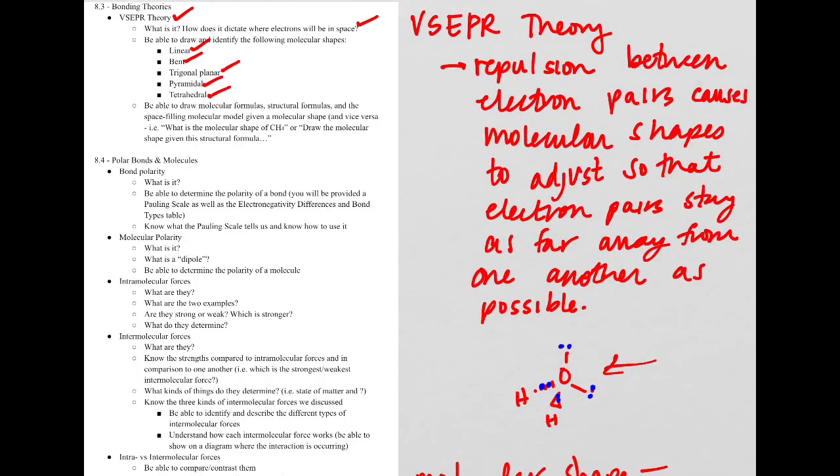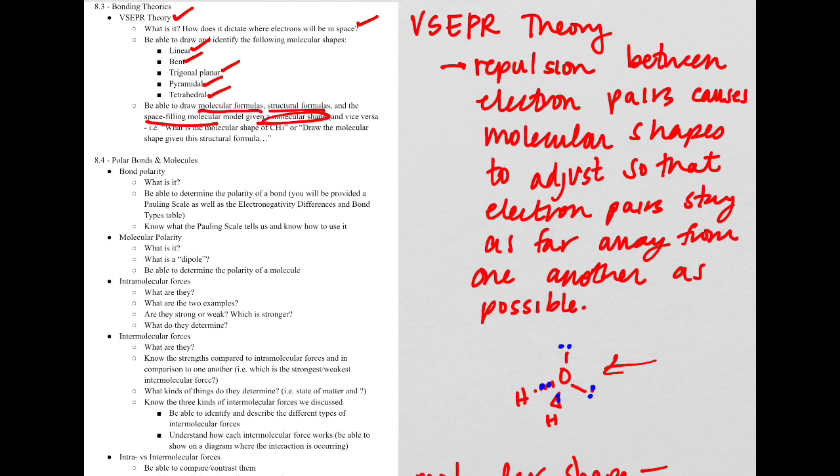Oh, yes, and if I give you the molecular formula, or the structural formula, or the space-filling model, like I was telling you about earlier, you'll need to, if I give you the molecular shape, be able to give me the molecular formula, or the structural formula, or the space-filling model. And I give you an example down here.